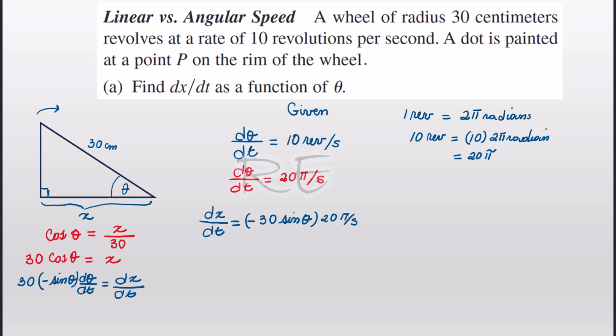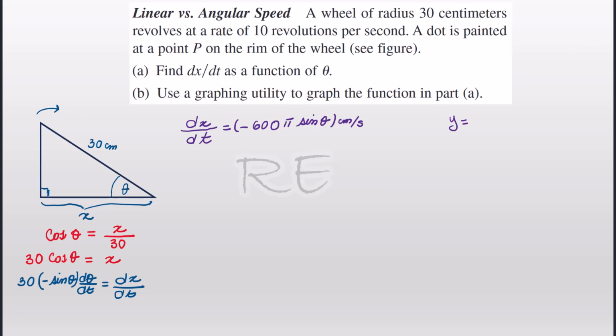Now dx dt is negative 30 times 20, which is negative 600 pi, multiplied by sine theta. And if we want to add the unit, it'll be centimeters per second. This is the function of angle theta that we wanted.